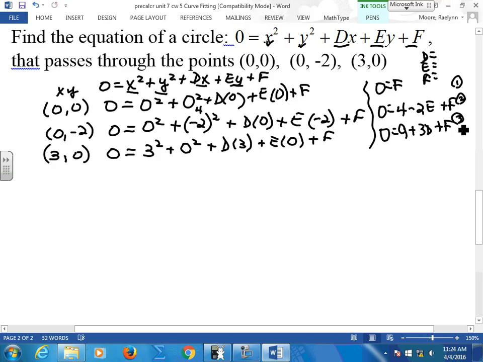So a nice way to start is, let's back substitute. What can we substitute into all of those? The f. The f is 0, right? So my f is 0, so it comes out of here and out of here. So I'm left with 0 is equal to 4 minus 2e, and 0 is equal to 9 plus 3d.